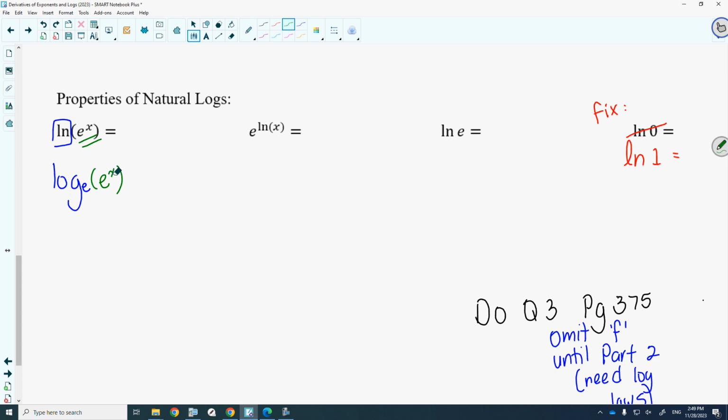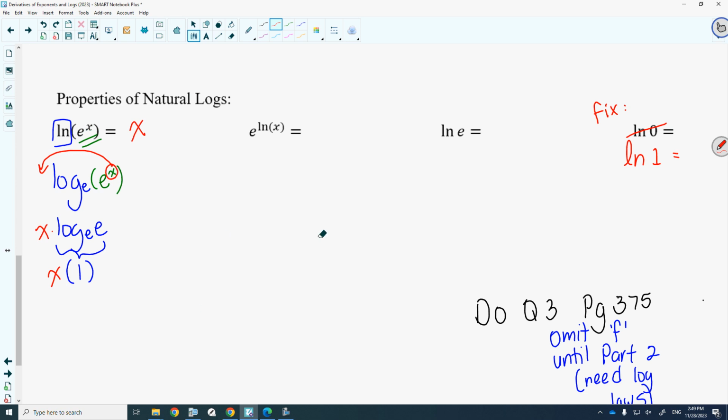So where am I going to move this x? You're going to move this x to the front, and you're going to get x times log base e of e. Same base, same argument is 1. So we're going to have x times 1, which means the natural log of e to the x is x. That's the answer.